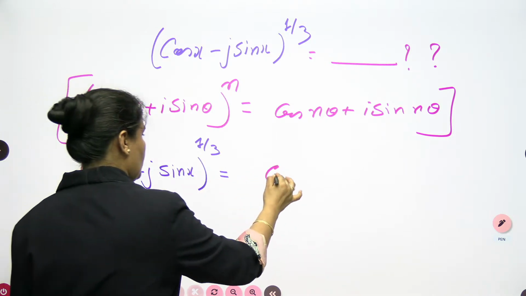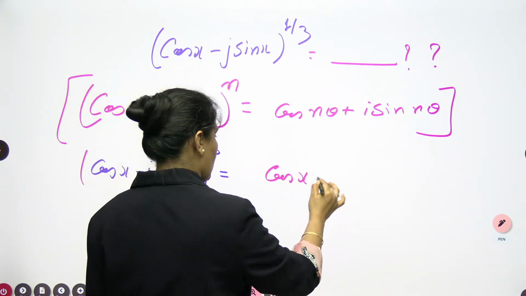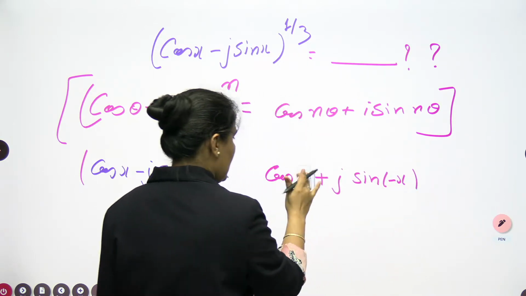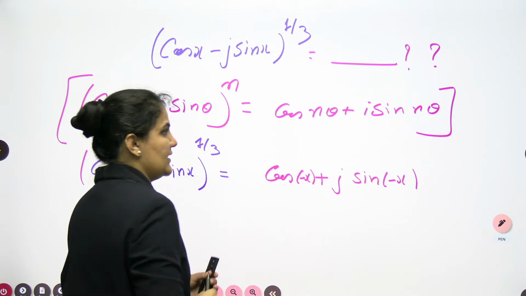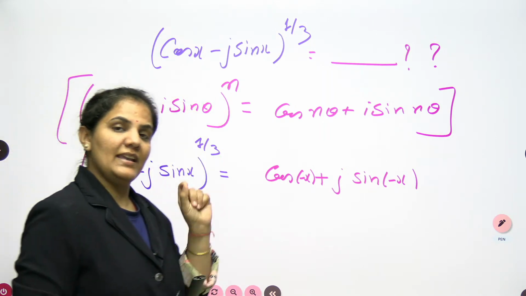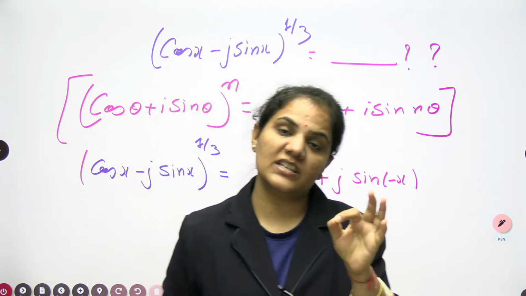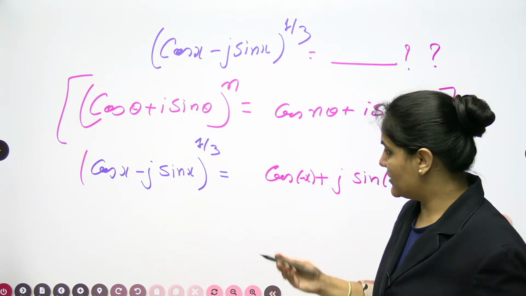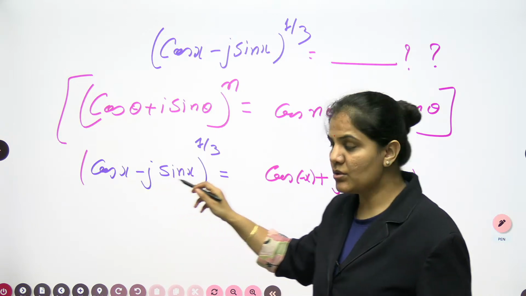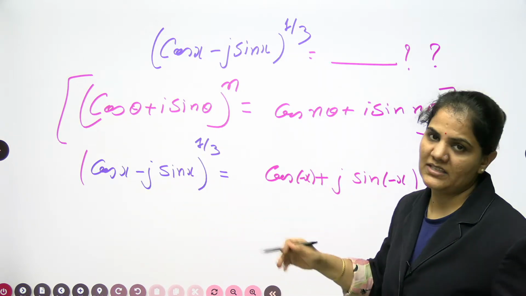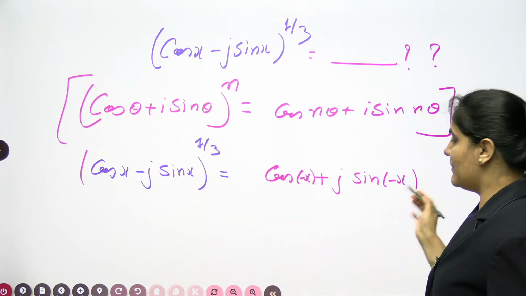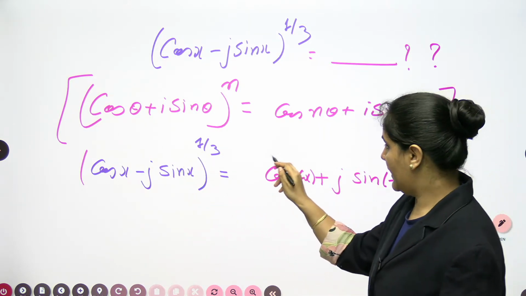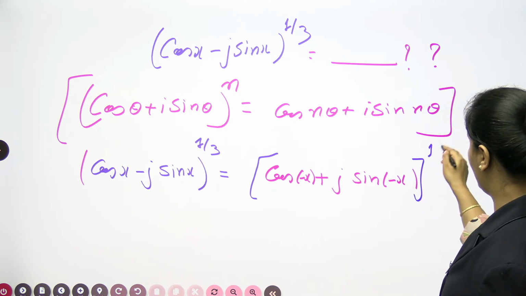So I can write down my question as cos x plus j sine of minus x, and here also I can take cos of minus x, because de Moivre's I can approach only on cos theta plus iota sine theta, so I need positive. That's why here I'm having negative, so I can write cos minus theta is cos theta only, sine minus theta is minus sine theta. So ultimately we are doing the same thing, and whole power is 1 by 3.